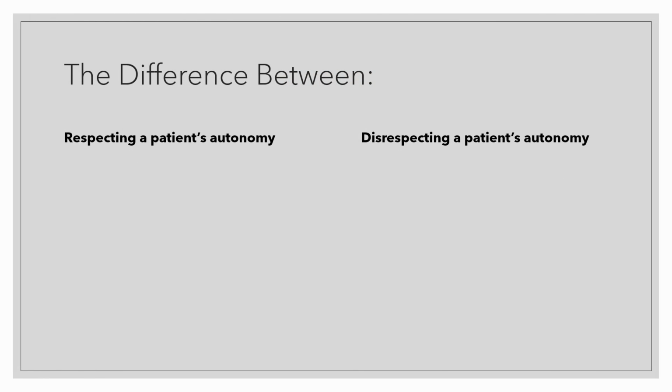So the differences between respecting a patient's autonomy and disrespecting a patient's autonomy. So respecting a patient's autonomy looks like giving them a chance to disclose critical information first. For instance, if we know a patient is allergic to a medication, we don't just blurt out, but the patient's allergic to that. No. Unless, of course, the patient is literally about to be injected with that medication, in which case, you might need to do that.